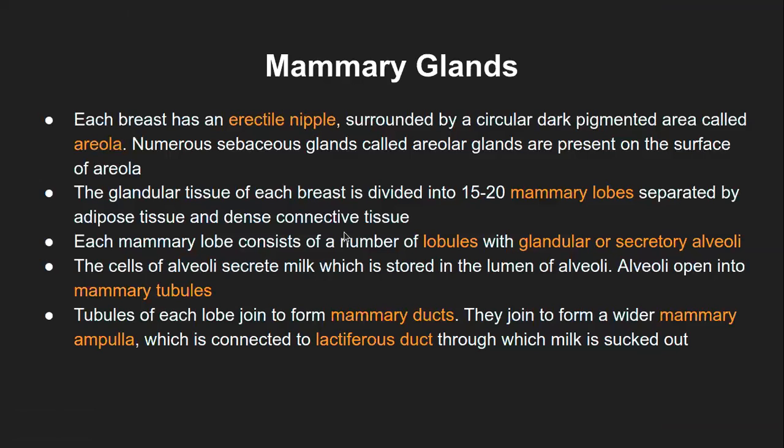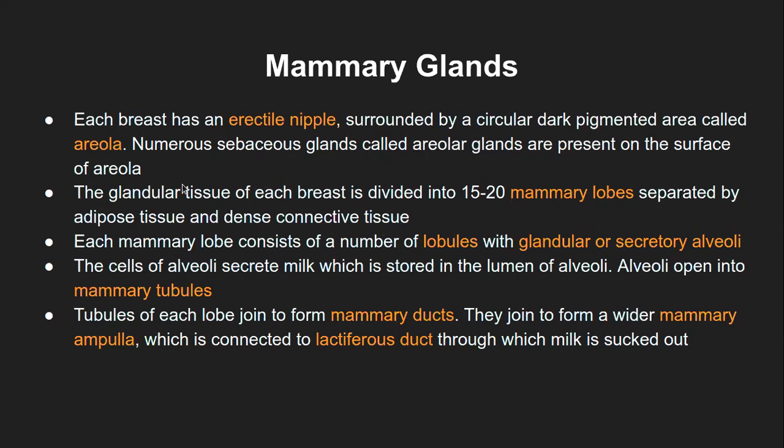Numerous sebaceous glands, also called areolar glands, are present on the surface of this areola. So the breast, in terms of its outermost appearance, has an erectile nipple and the more pigmented areola, which has the sebaceous or areolar glands on its surface.